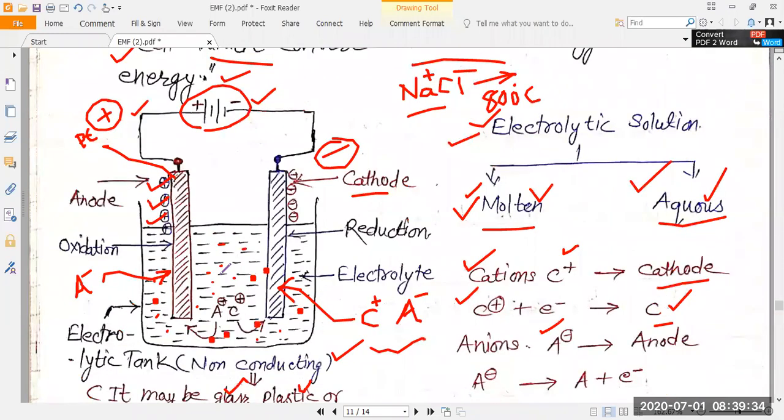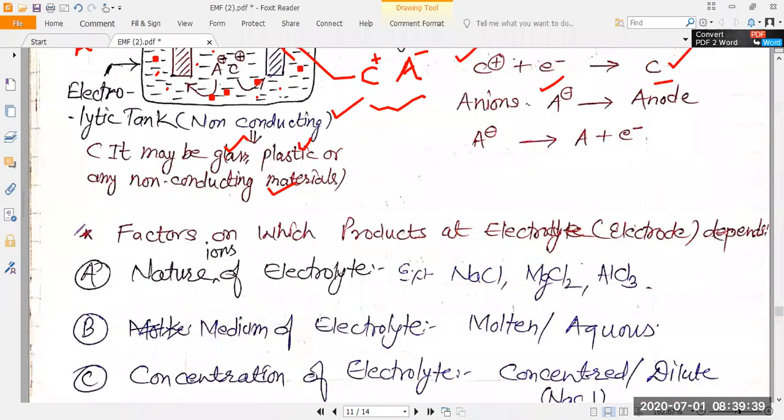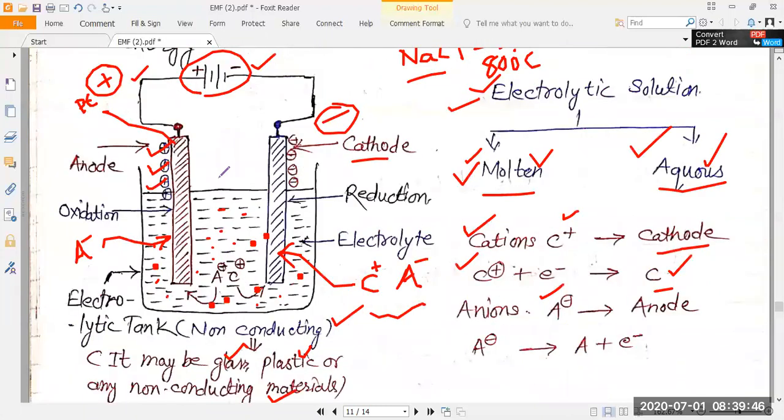I think all of you have understood what is electrolytic cell. Now we are going to discuss the factors on which the product at electrode depends. When we set up this experiment and current is passed through the electrolytic solution by the electrodes, platinum electrodes we have to use, then the electrolytic solution decomposes.